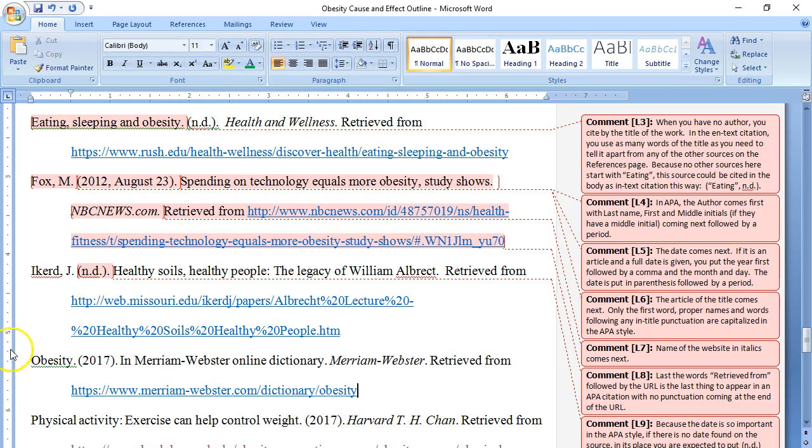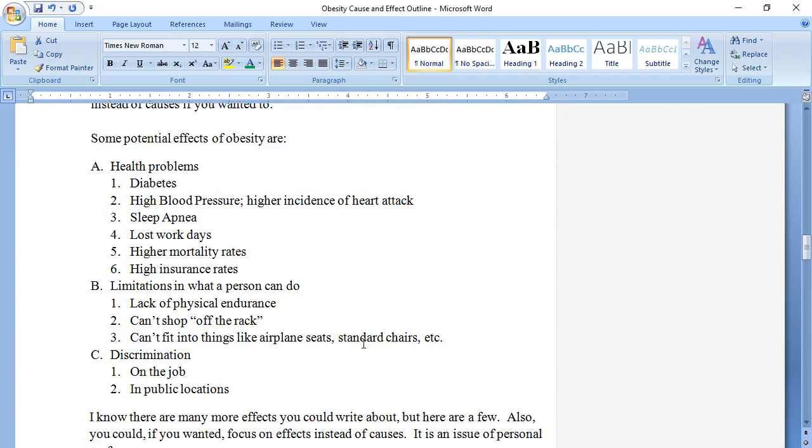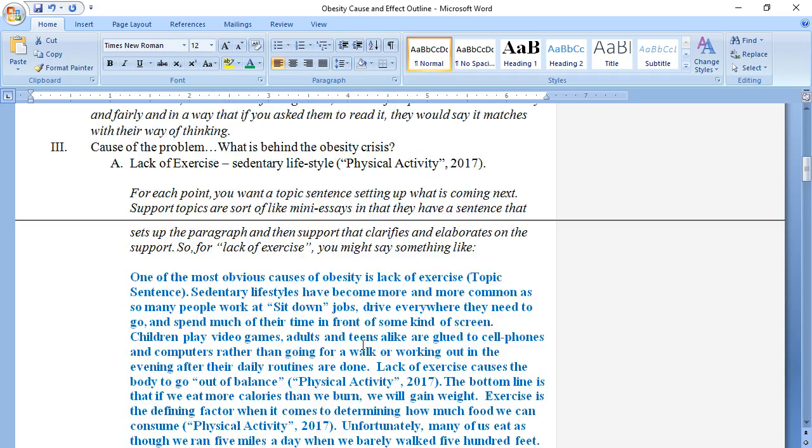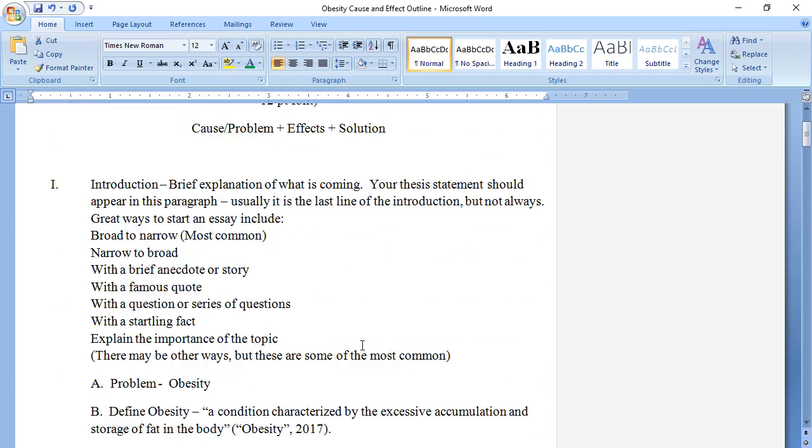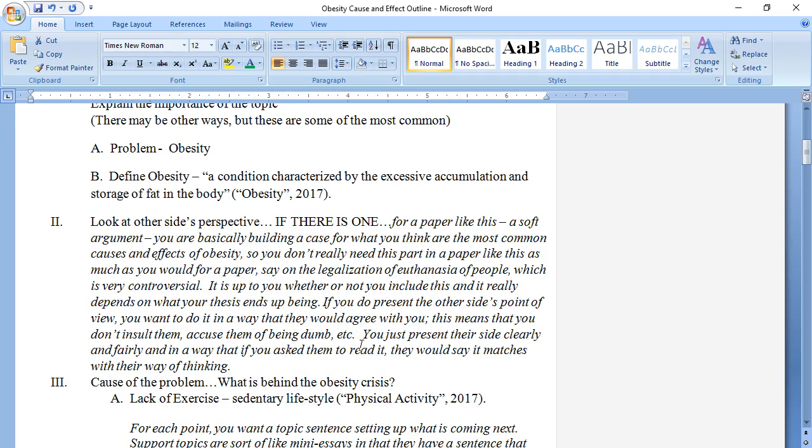It's that simple. Then when you cite it, all you do is use these first two items, so that if you included that definition in your paper, you would put it just as I have it here. Hopefully that makes sense.